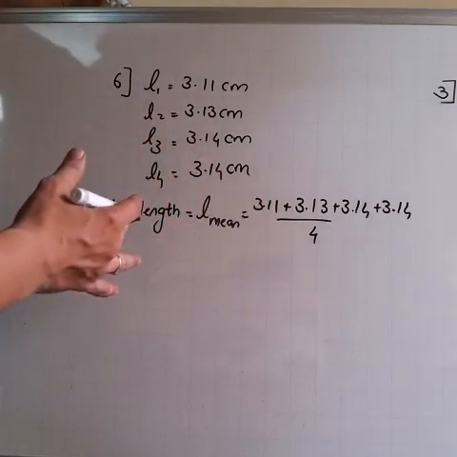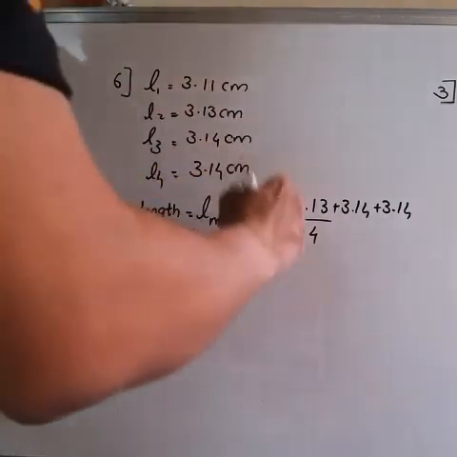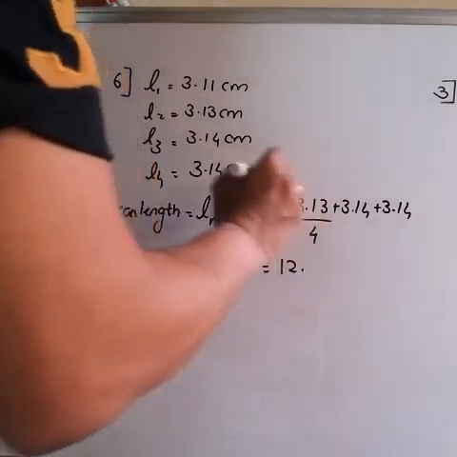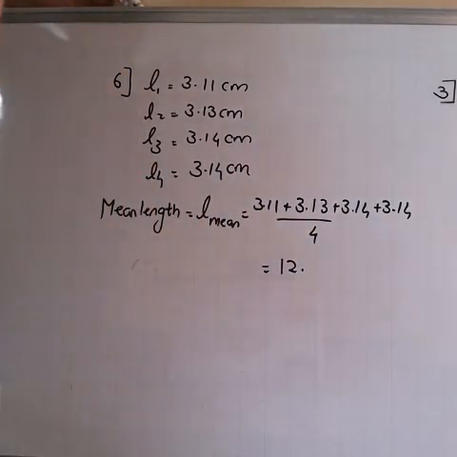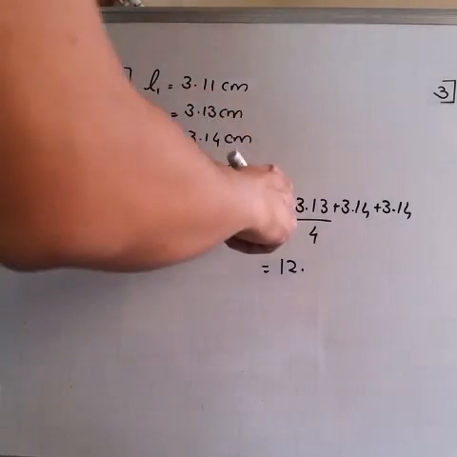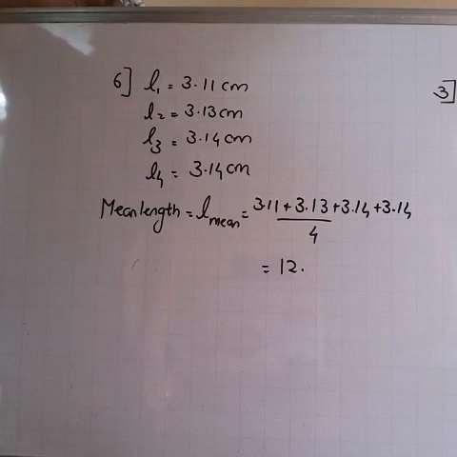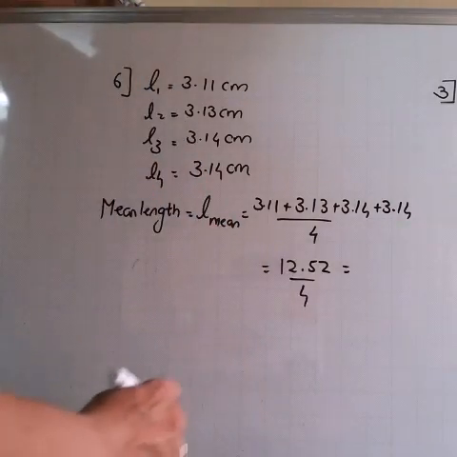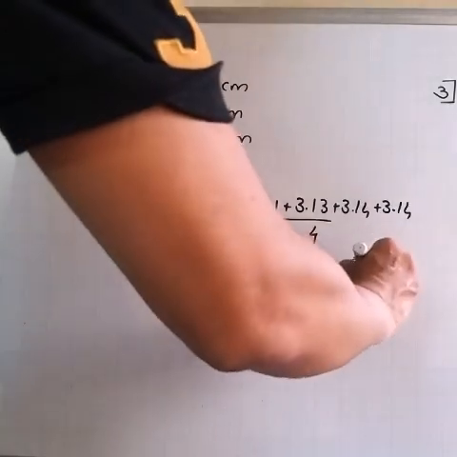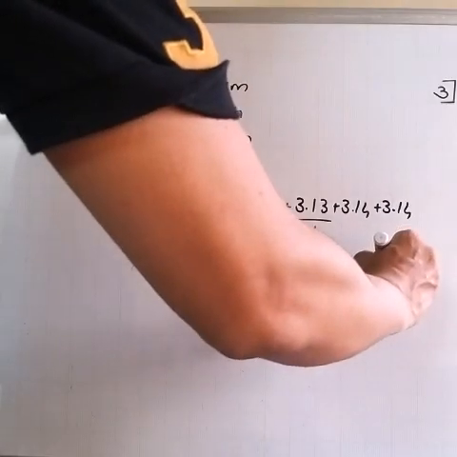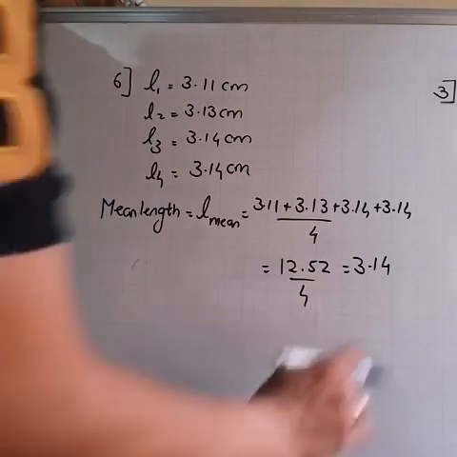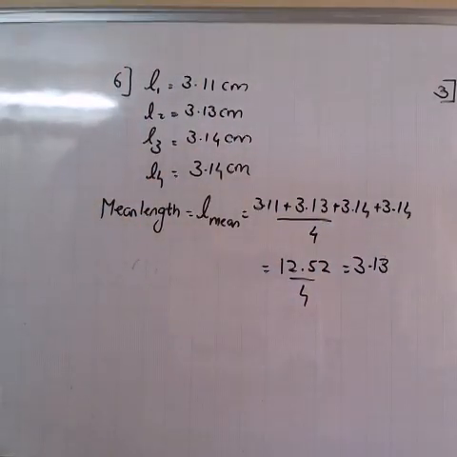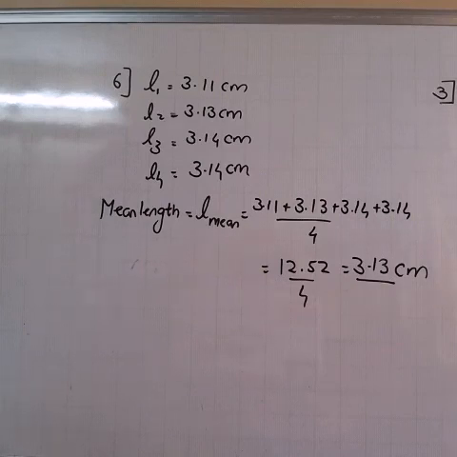When you add all this, the value comes out to be 12.52 upon 4. This comes out to be 3.13.